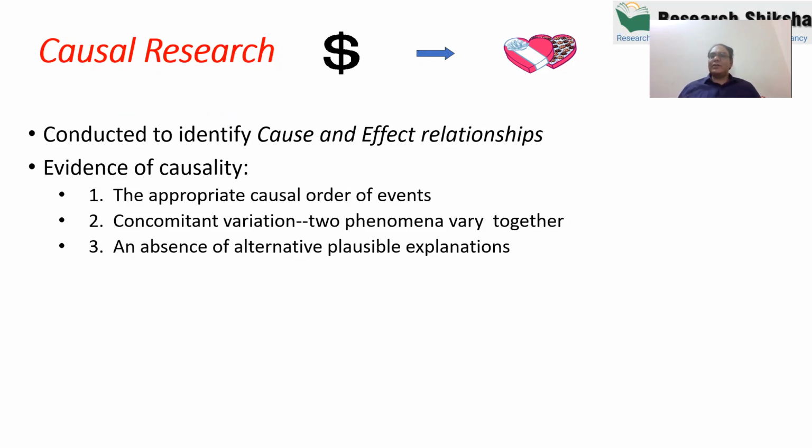The causal research is basically the experimental research, and you are testing the hypothesis on the basis of experiment. So let's discuss exploratory and descriptive. I think you understand very well, but we have to discuss a lot on experimental research.